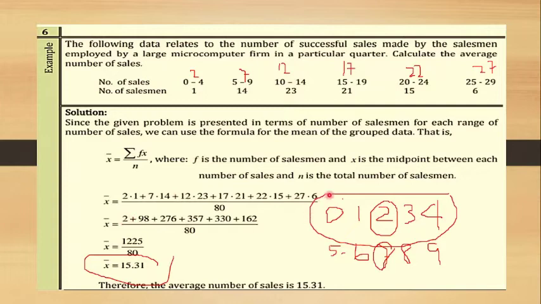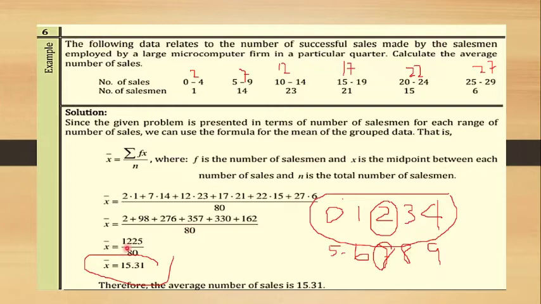Okay, so, simplify. Solve. 1 times 2 is 2, plus 14 times 7 is 98, plus 23 times 12 is 276, plus 21 times 17 is 357, plus 15 times 22 is 330, plus 6 times 27 is 162, all over the denominator, which is 80.